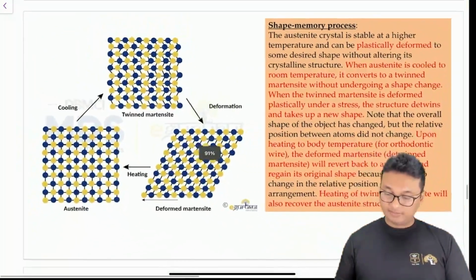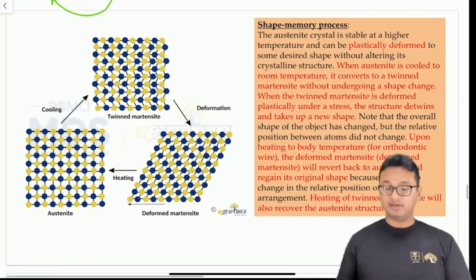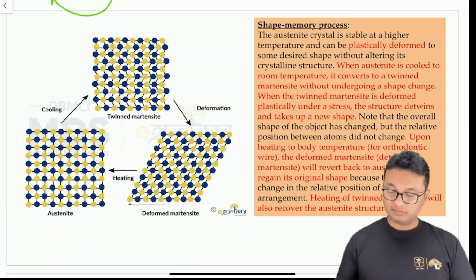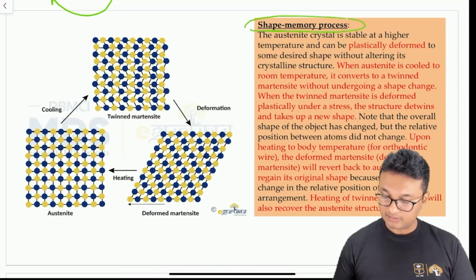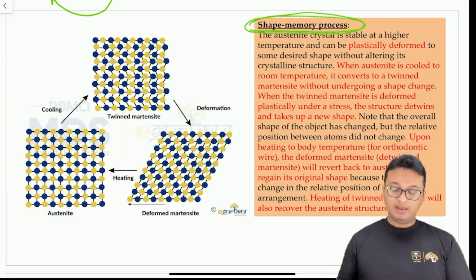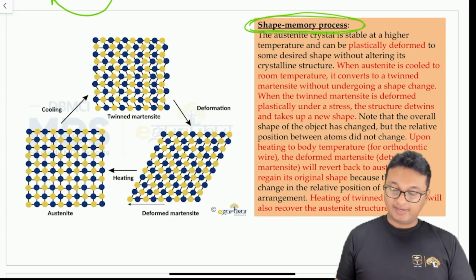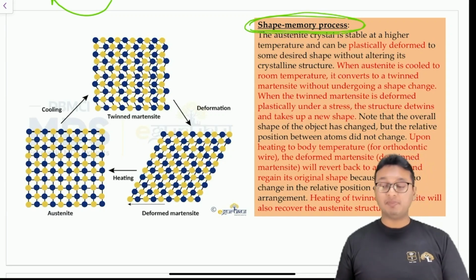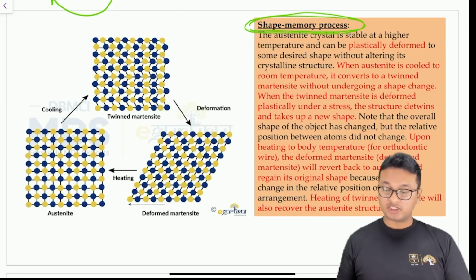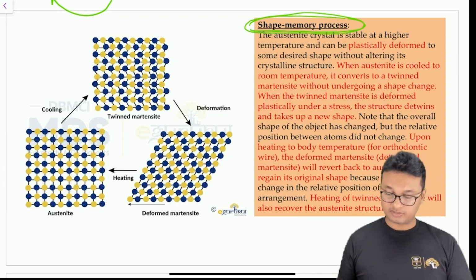Now, very similar to this, another property unique to NiTi wires is known as the shape memory effect. Now, what is happening here? The austenite crystal is stable at a higher temperature and can be plastically deformed to some desired shape without altering its crystalline structure.